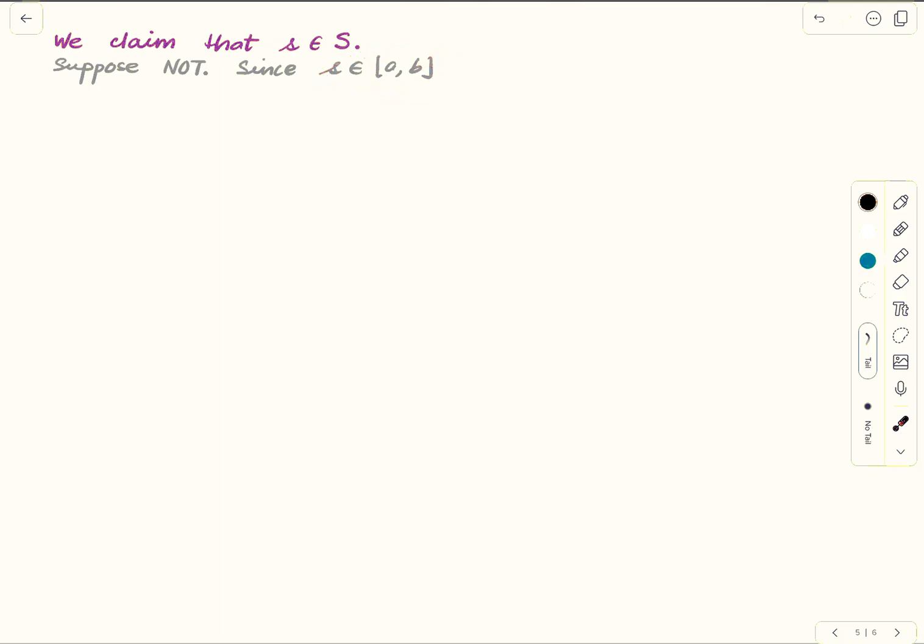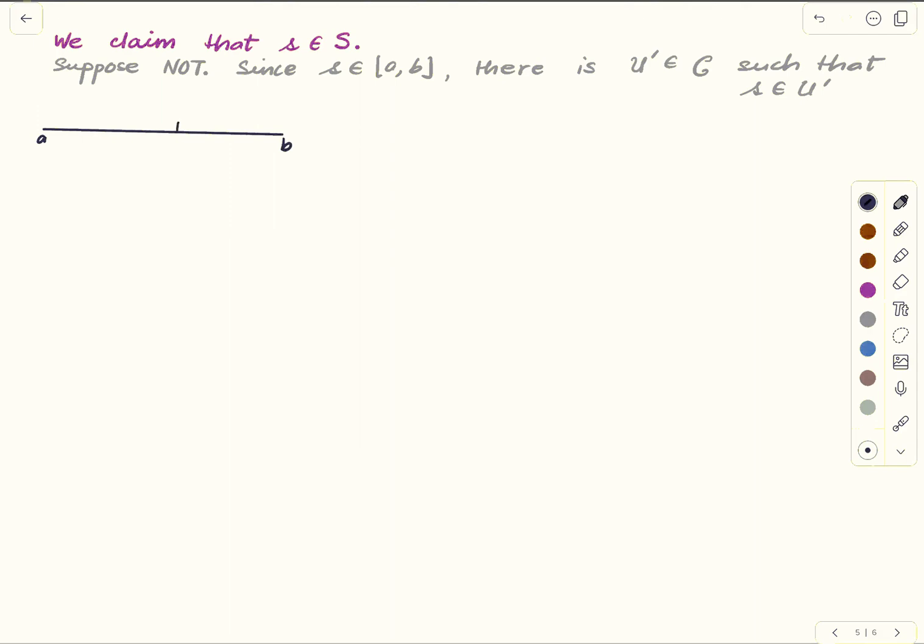Since that is the case, there is some element of fancy C which contains s. Some element of fancy C, let's call it U prime, such that little s is in U prime. Okay? Diagrammatically, something like that.